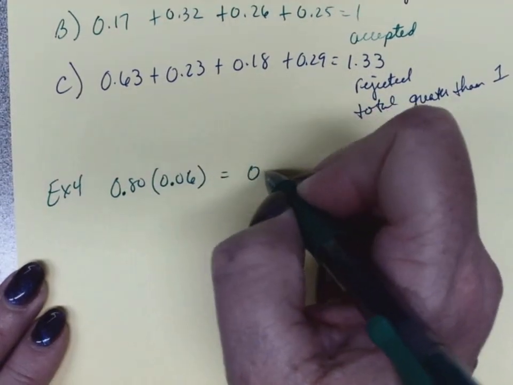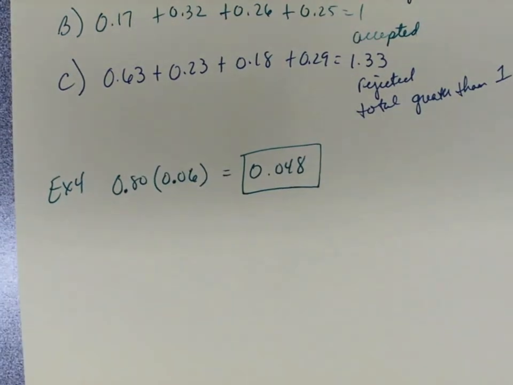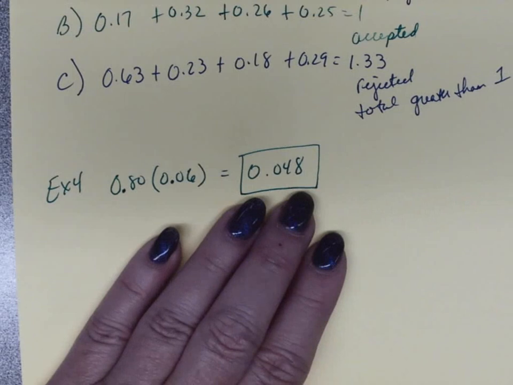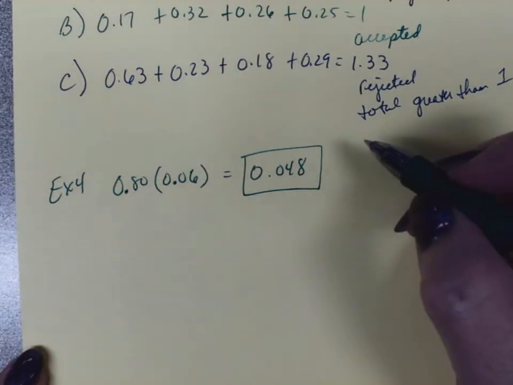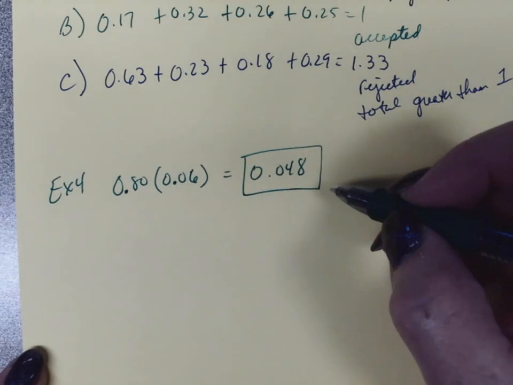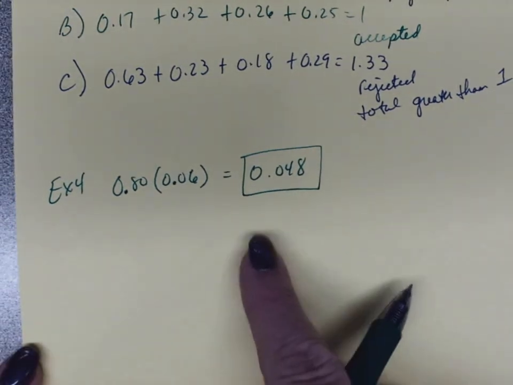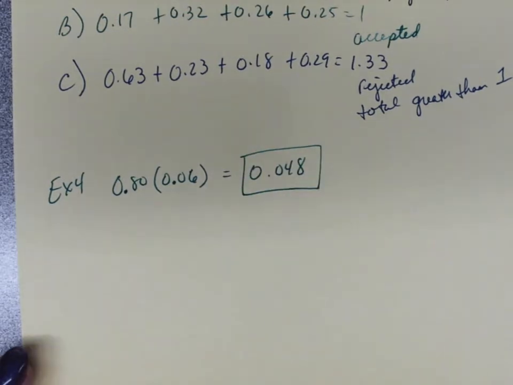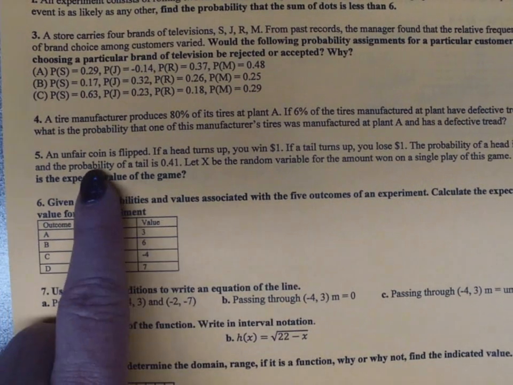And that will get us 0.048. And there you go. If they were asking for it, typically I'm good with this. If you wanted to change that to a percentage, because it's just looking for the probability, it's not asking for a percentage. Okay, it just says what's the probability. This would be the probability percentage. It would be 4.8%. So pay attention to what it's asking for.